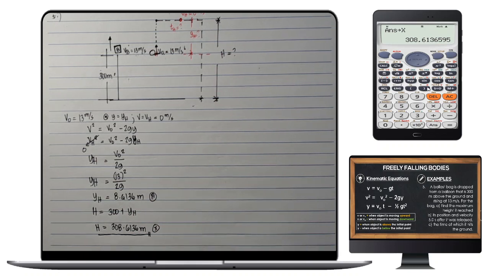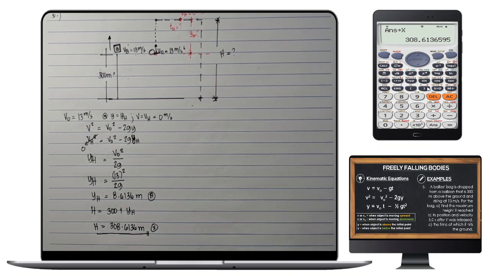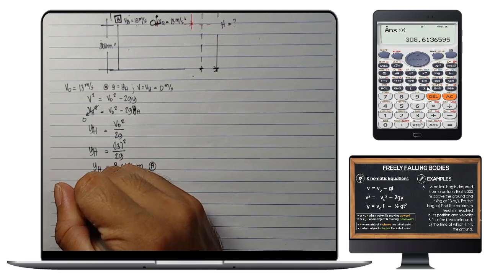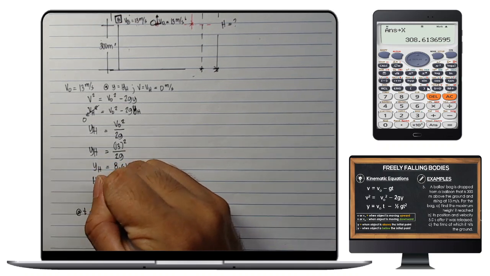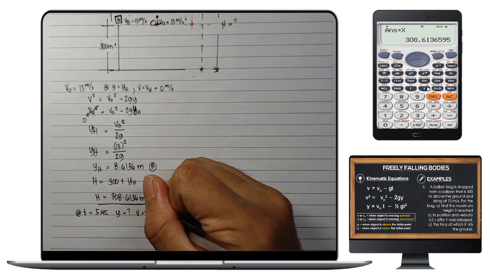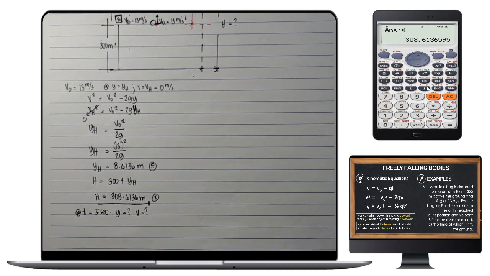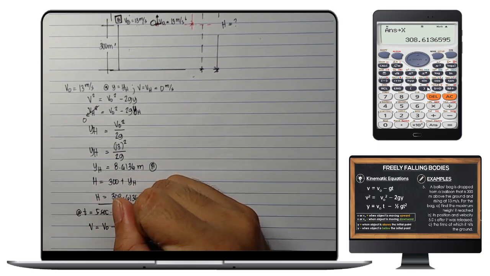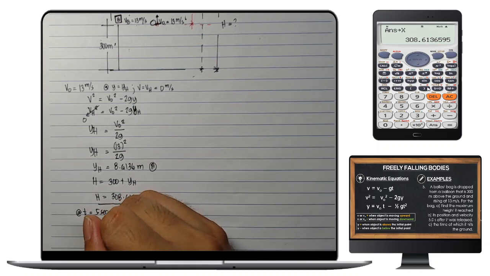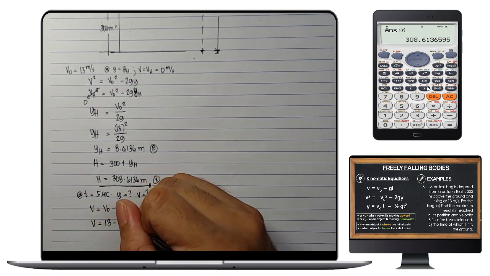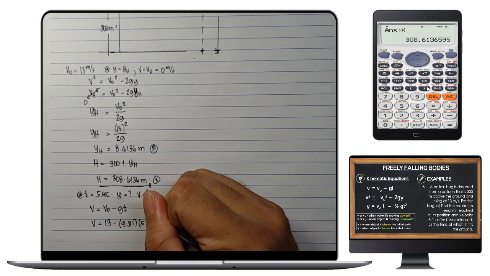Then find its position and velocity 5 seconds after it was released. So after 5 seconds, at t is equal to 5 seconds, pinapahanap lang sa atin si y and velocity. So substitute lang natin. Using the first equation, v is equal to vo minus gt. So v natin is equal to vo, that is 13 minus 9.81 times 5.